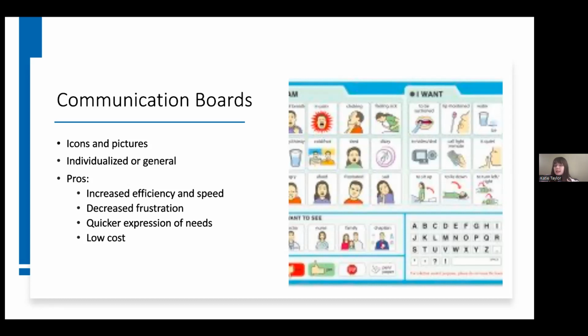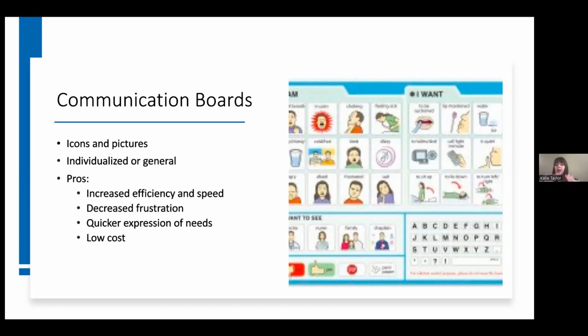Then I want to see, they could request an individual, like I want to see family, I want to see a nurse. And then into more basic below that, it's got a red thumbs down for no, and a green thumbs up for yes, and a stop sign if they want to indicate stop.